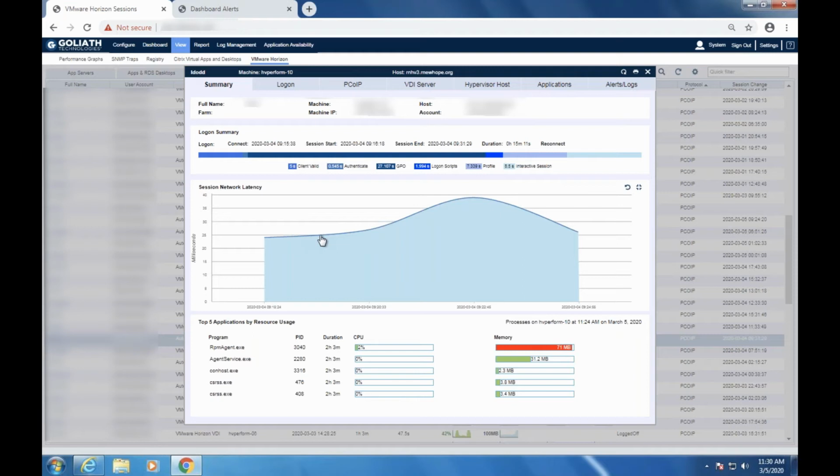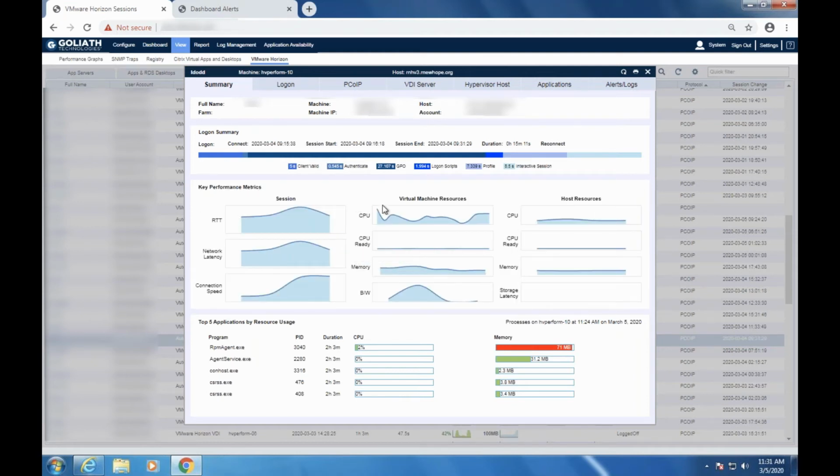But this effectively gave this company the ability to point to network performance issues that are actually impacting the session, whether it's a Blast session or PCoIP session. Network performance issues are actually bottlenecking performance, which means that you could then rule out the VM resources or the host resources as being the root cause and focus on the network.